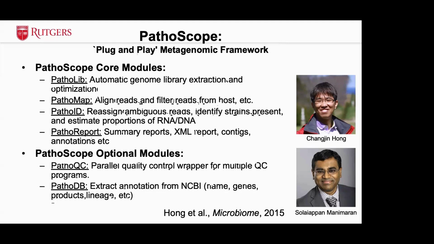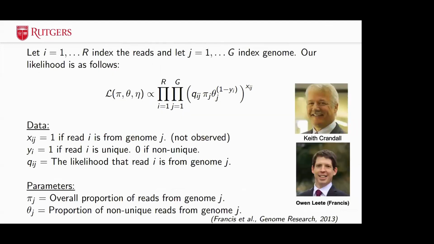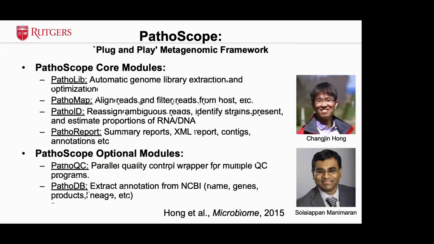I think that's a bad idea, because if you're trying to put things into context, all you have to do is align your sequencing reads back to whole genomes and then reassign anything that doesn't match up. It doesn't matter if I'm doing 16S or shotgun or metatranscriptomics, from my perspective. This is how we've approached it, and it's led to significant advancements in the ability to analyze these data.